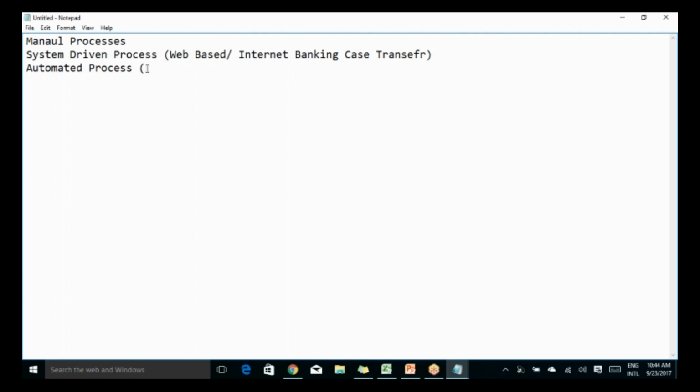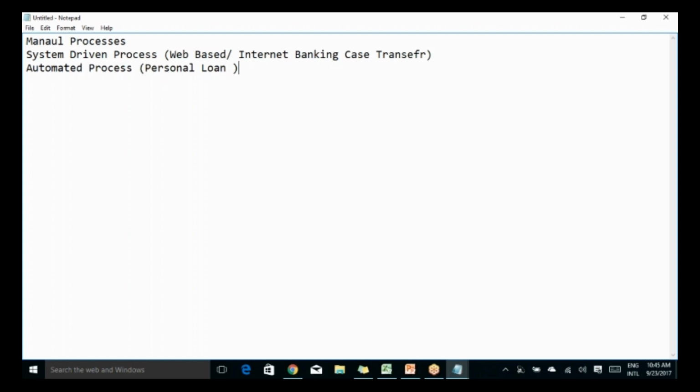In automated processes, they started automated clearing services. So if you have opted for a personal loan, banks started directly debiting your account on that particular date. That is where automated processes started evolving.